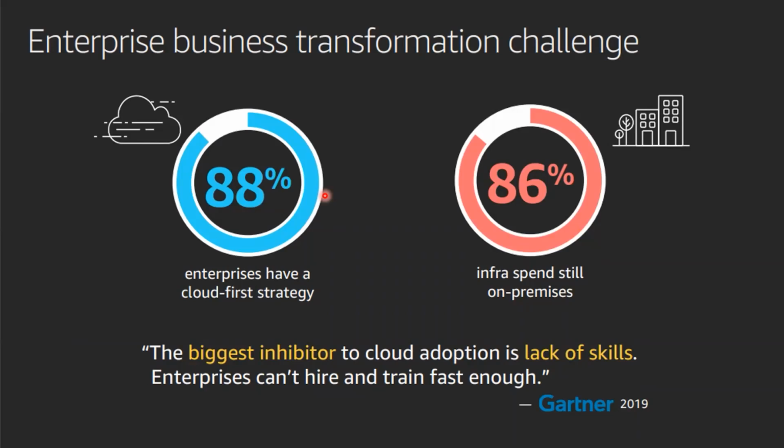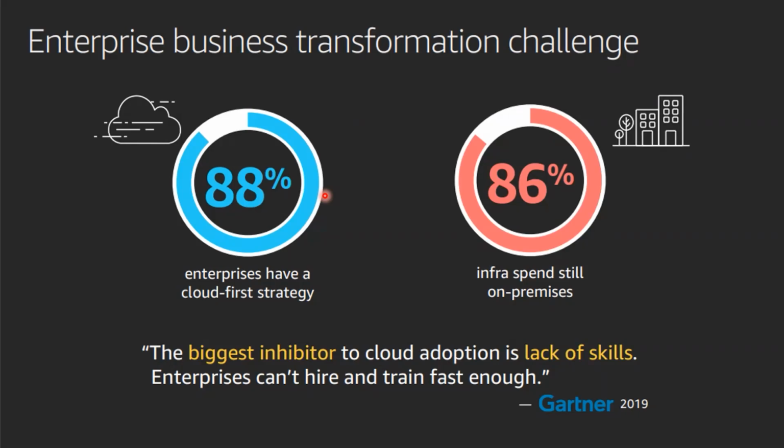Now, enterprise business transformation is, I would say, a slow process. It takes time. Business transformation will not happen overnight, but it is happening. As we see, 88% of enterprises have a cloud first strategy, so they want to use cloud platforms as much as they can.